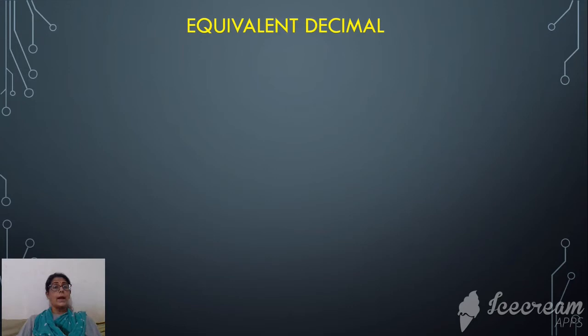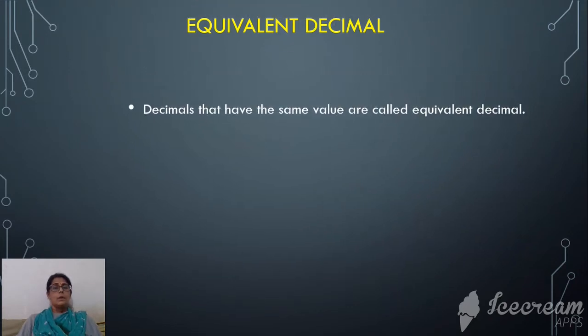Now, equivalent decimals. The decimals that have the same value are called equivalent decimals. Whichever decimal numbers have the same value are called equivalent decimals.